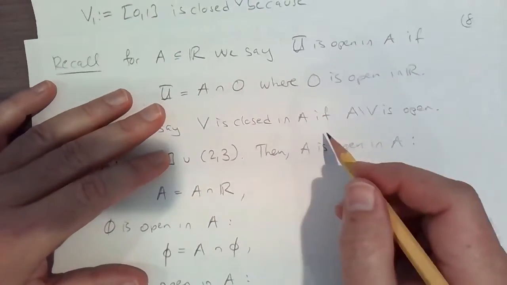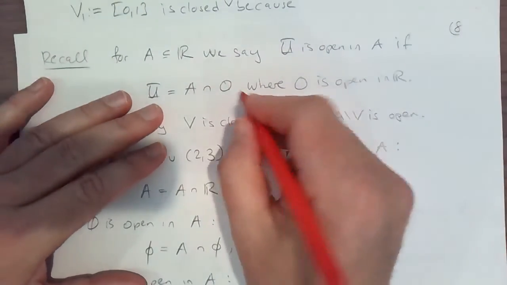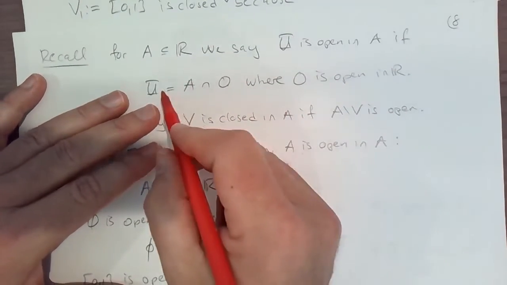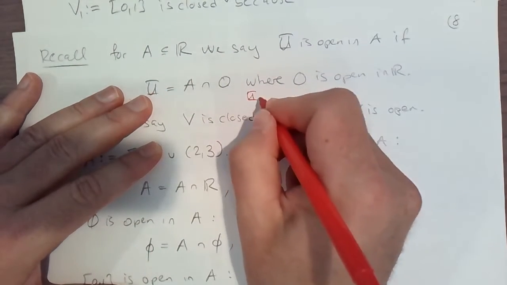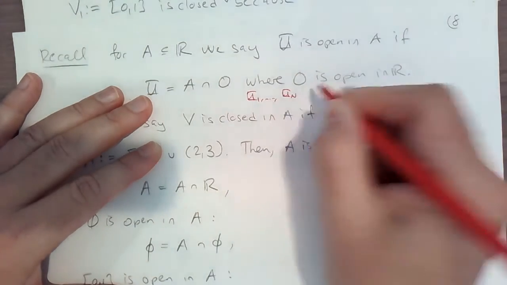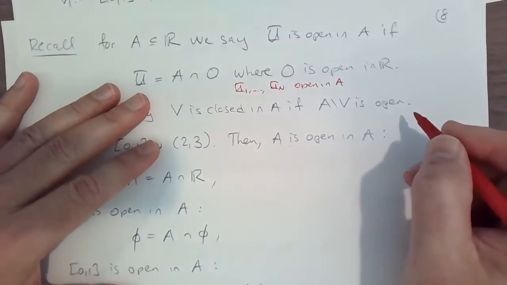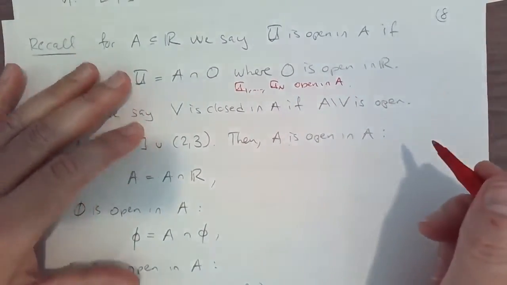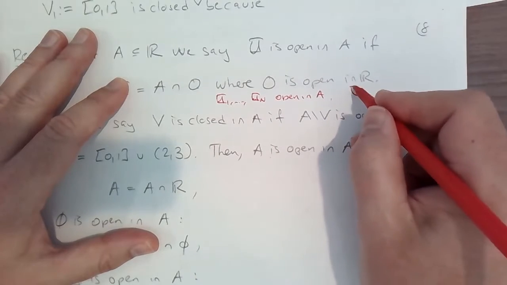Right? Because if I take, maybe I can write this with red, if I take a bunch of open sets, so if I take U1 up to Un open in A, I want to know that the intersection is also going to be open. This is a finite collection.